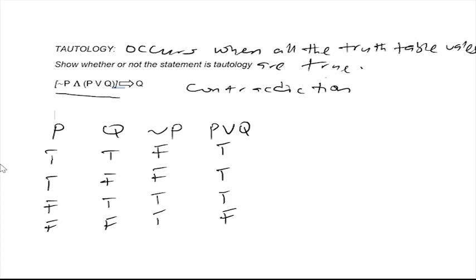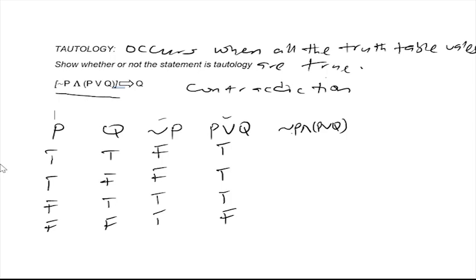Now let's combine negation P cap P cup Q. Let's do that first. So negation P, and we're using and to combine negation P and P cup Q. Don't forget it's and.